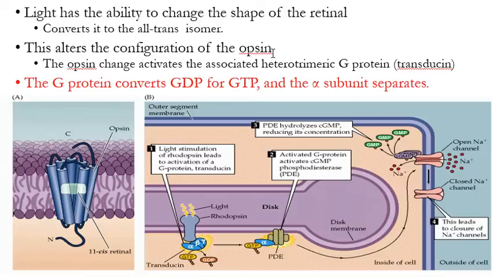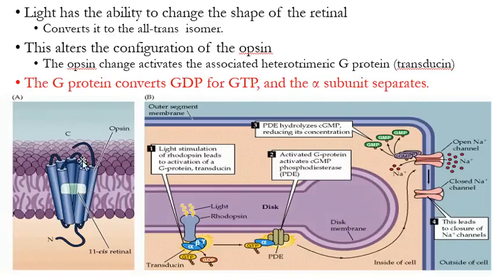So the opsin change activates the associated G protein. Remember that we said that these are associated with G proteins. The G protein in this case is transducin. So let's see what A is showing.